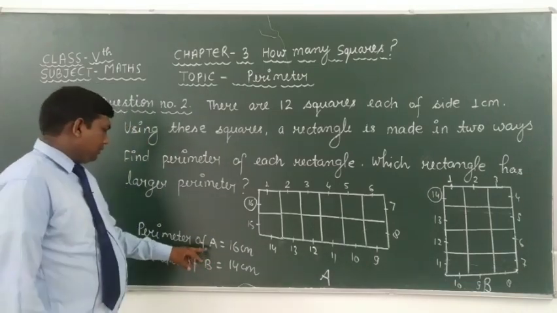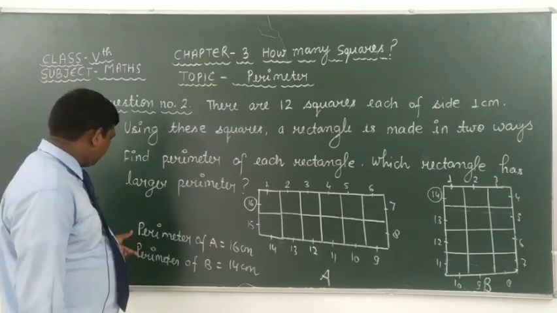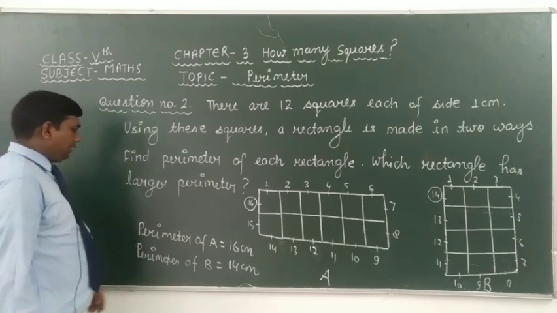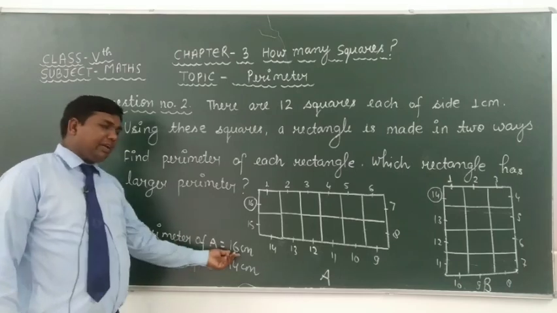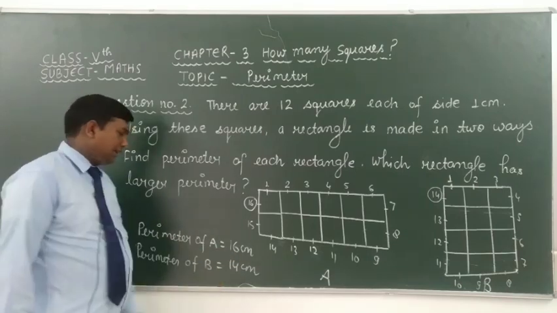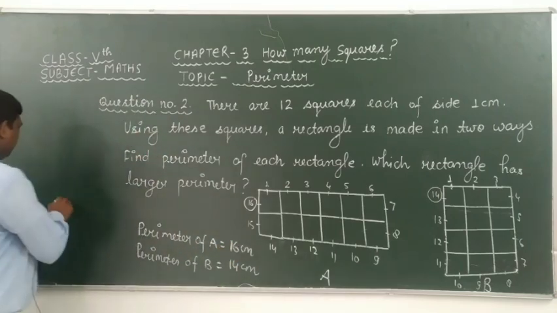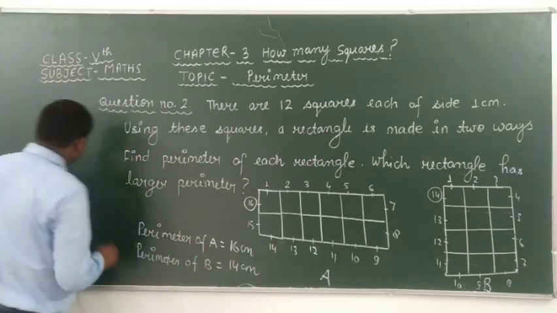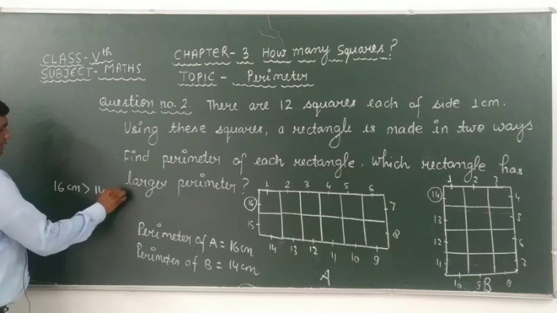Look here carefully. Comparing the perimeter of A and the perimeter of B, which is greater? 16 centimeter is greater than 14 centimeter.